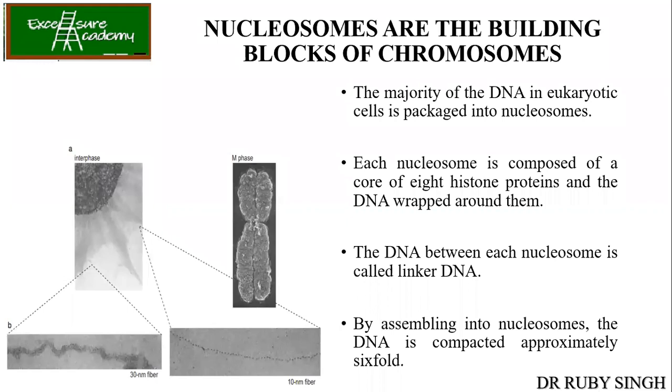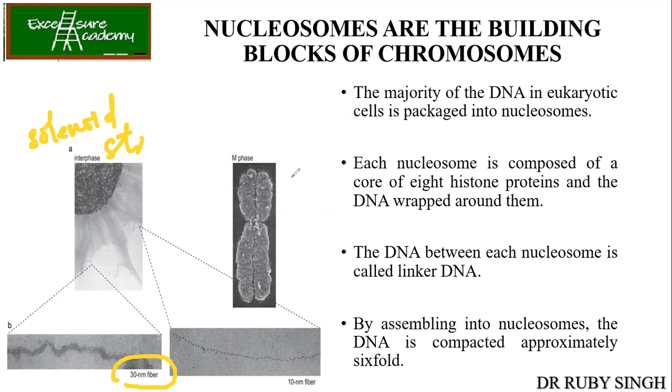Now, talking about the nucleosome, this figure I have already shared with you, and we have seen that in this figure it is packed. In the interface you can see how compactly the chromosomes are present. This is the 30 nanometer fiber, which we have already discussed comes in the solenoid structure of the DNA packing.